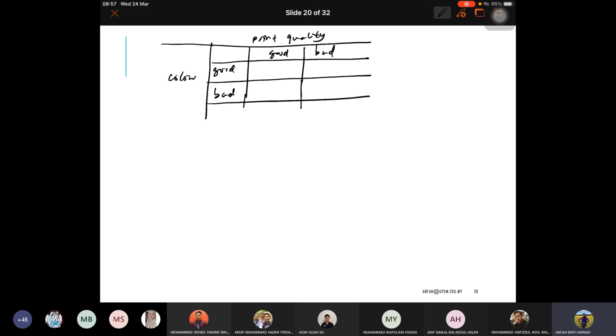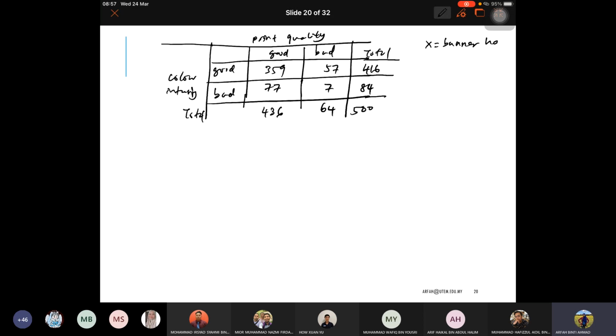Okay, color intensity. So tadi kita dah tengok dia punya total 3, 5, 9, 77, 4, 3, 6 and then 57 and 7, 64. Okay. This one is 500. This is the total. And this is the total in here. We have 416 and 84. Okay. So, X sama dengan banner has good color intensity.